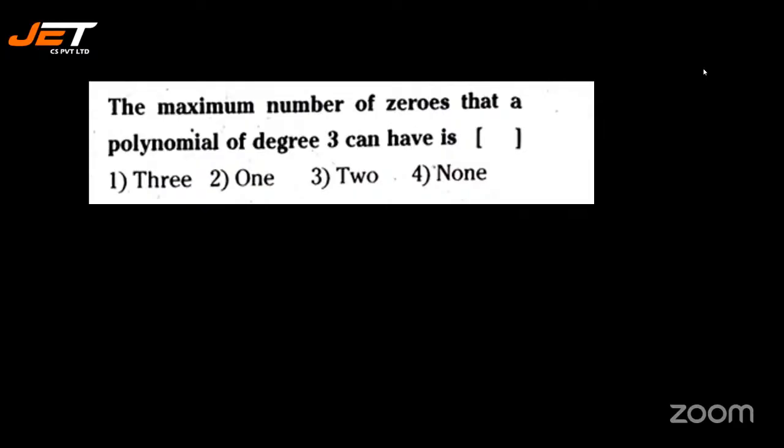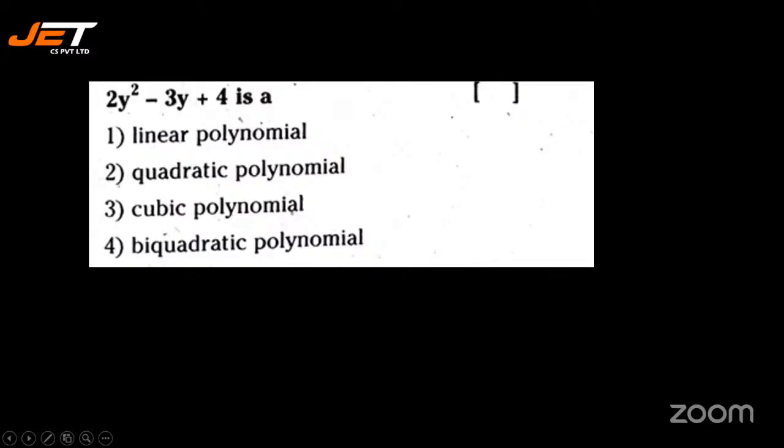Our first question is: the maximum number of zeros that a polynomial of degree 3 can have is y square minus 3y plus 4 is a dash. Is it a linear polynomial?